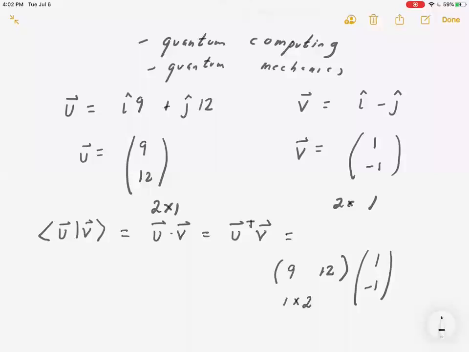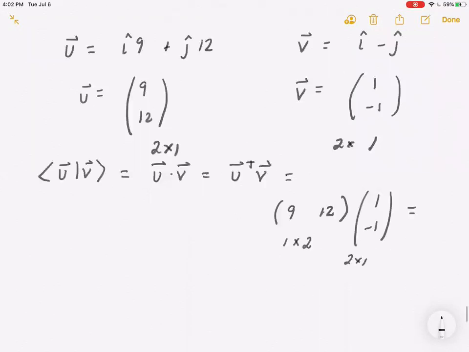This vector is a 1x2 matrix, and this one is a 2x1 matrix, so they're compatible. Multiplying this row by this column, or taking a linear combination of the columns, either way, as we saw earlier in this lecture, it's going to give you the same result, 9 minus 12, or minus 3.